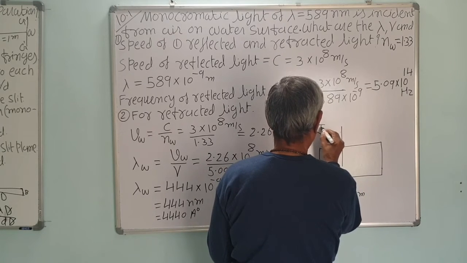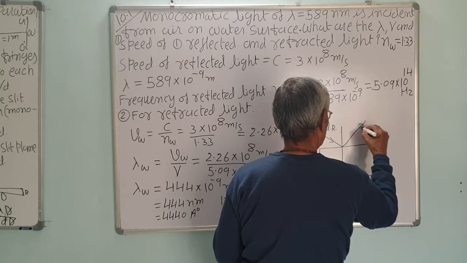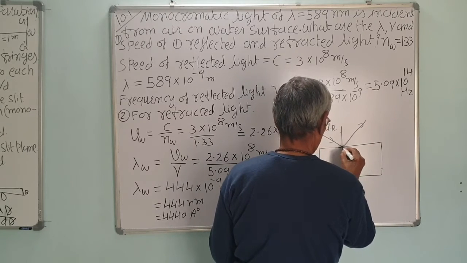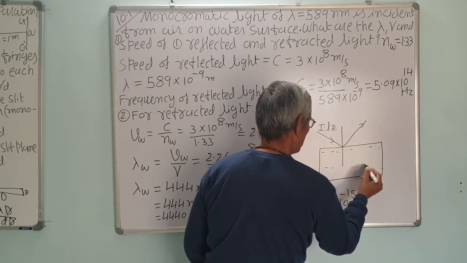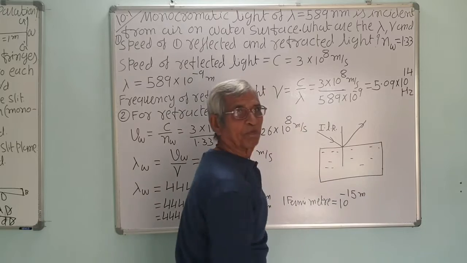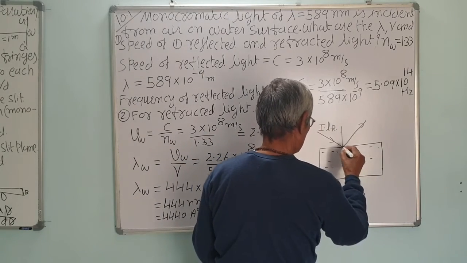Say this is the incident light ray, this is reflected, and the second medium is water, optically a denser medium than air. So it will bend towards the normal.